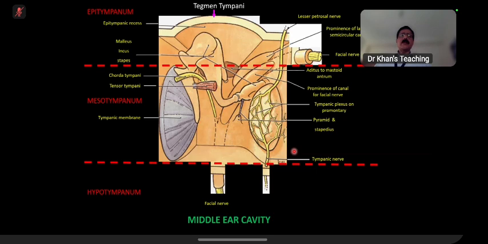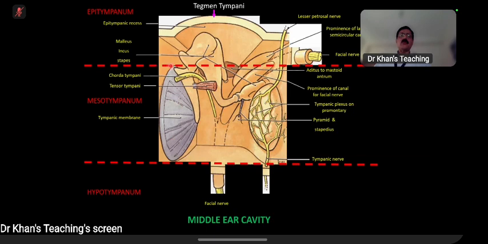Now, once again, repetition of the room concept of the middle ear. Now, concentrate on what is in which. This is the middle portion, which is the mesotympanum. If you draw a line, this is the tympanic membrane.